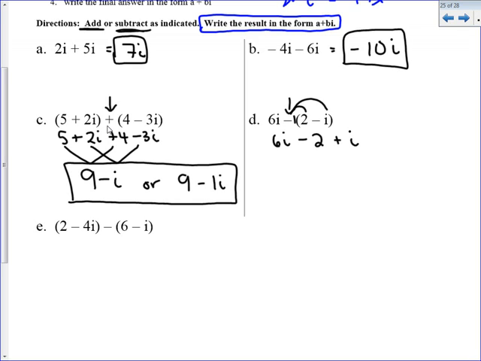What do you think should come first in my answer? The negative 2. So the real always comes first. The real's always first, which is negative 2. And then 6i plus i gives me how many i's? 7i. If you need, that's 1i on the end. 6 plus 1 is 7i.